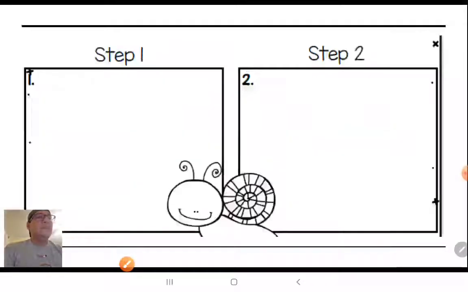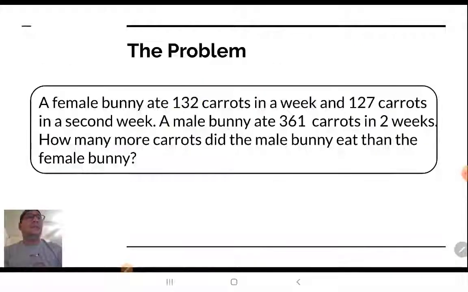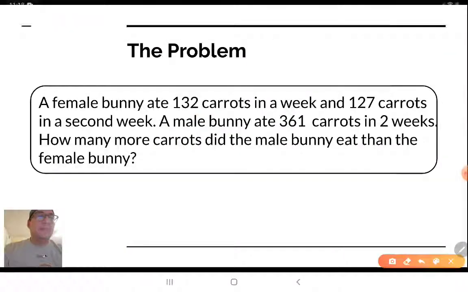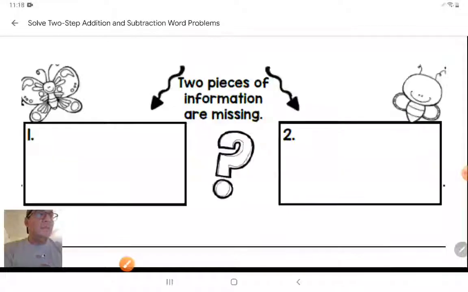Go into my problem right here. Oh, let me write this down, information. Let me write the other information real quick, because for the sake of my video, I need to write it down. Male bunny, 361. Okay. Erase it now.